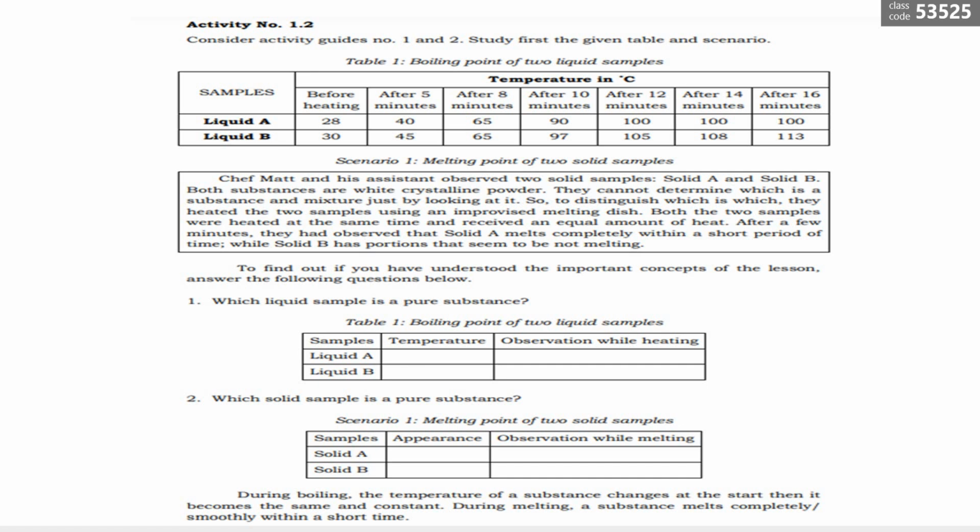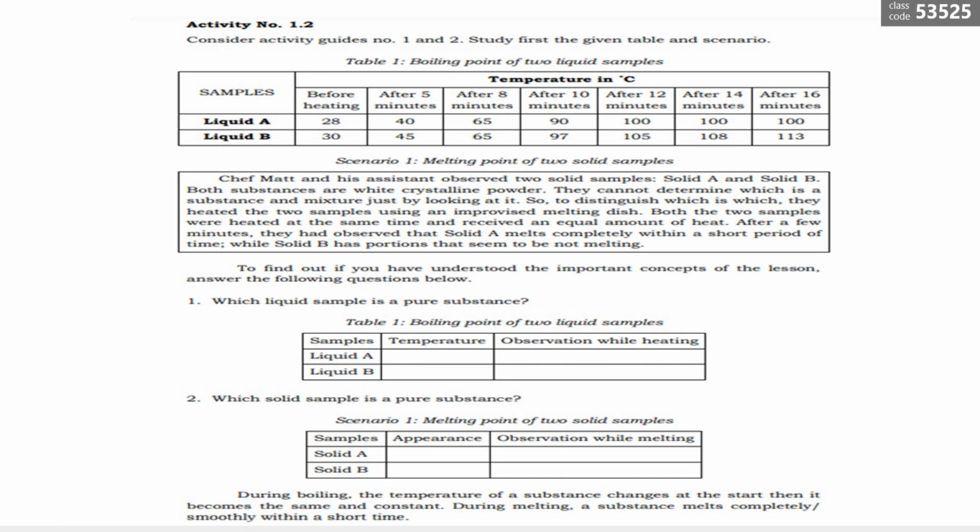So, to distinguish which is which, they heated the two samples using an improvised melting dish. Both samples were heated at the same time and received an equal amount of heat. After a few minutes, they observed that solid A melts completely within a short period of time, while solid B has portions that seem not to be melting.